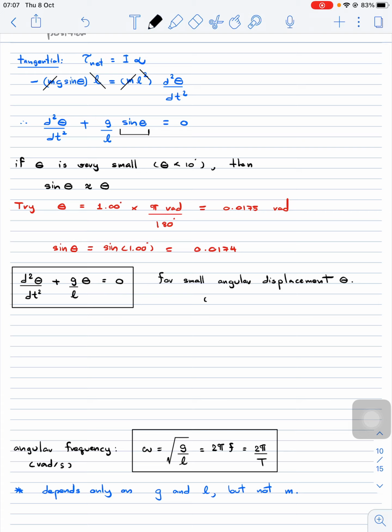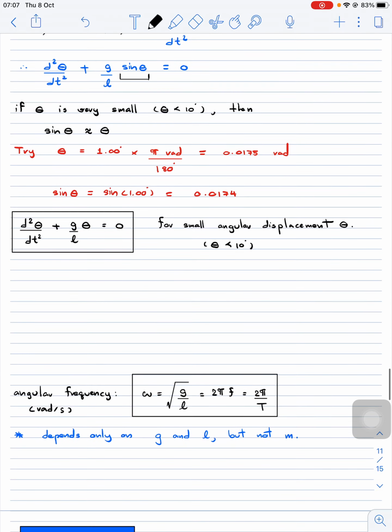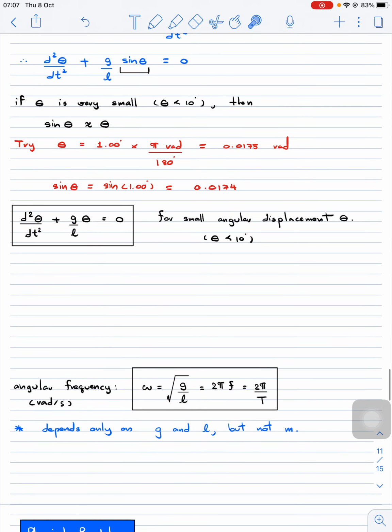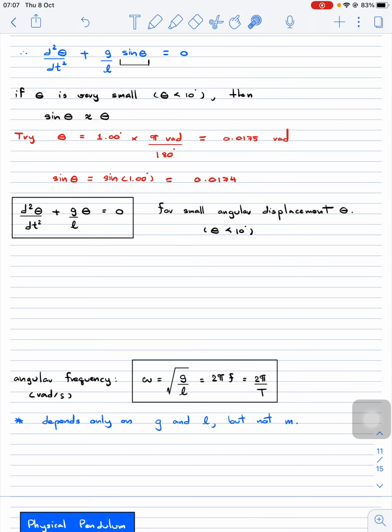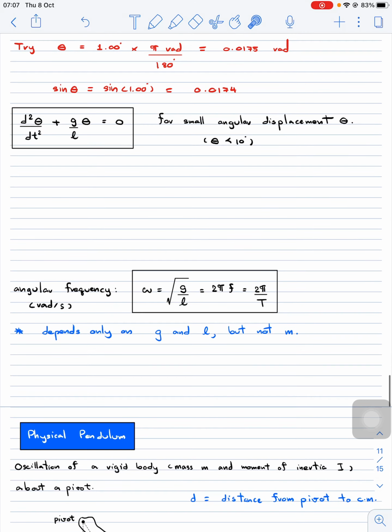Let me take a note that theta must be less than 10 degrees here. You can see that this equation looks the same as the fundamental equation of simple harmonic motion. So it means that the bob will move as a simple harmonic oscillator.